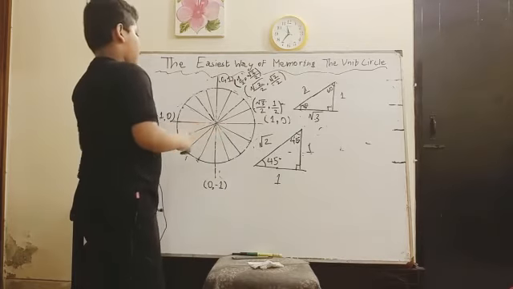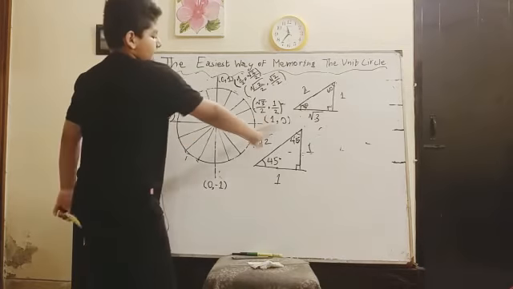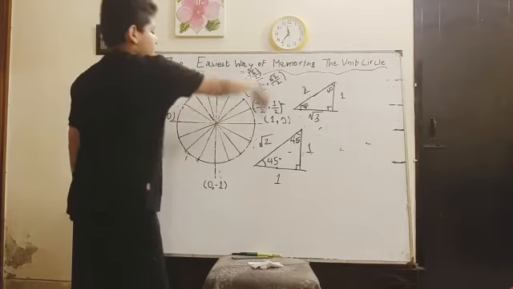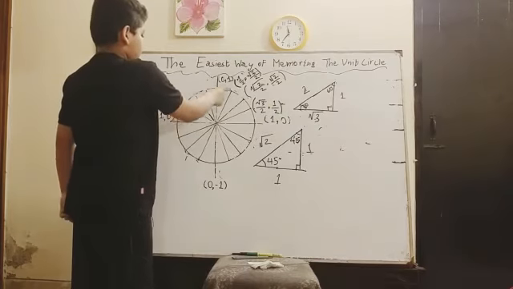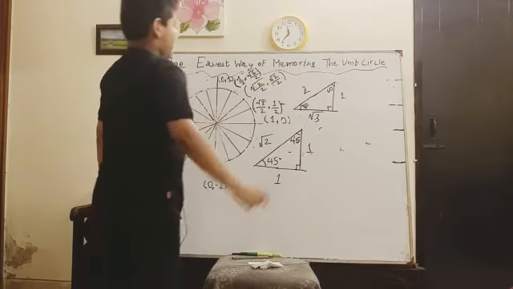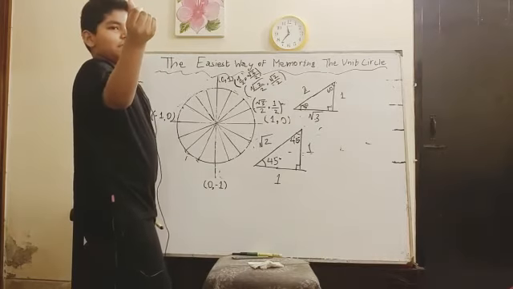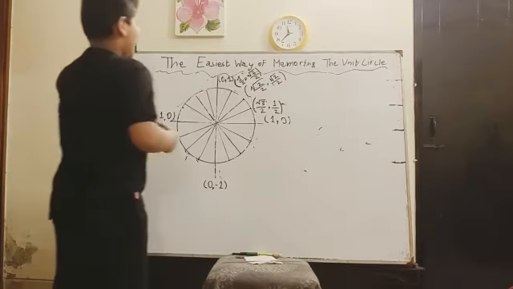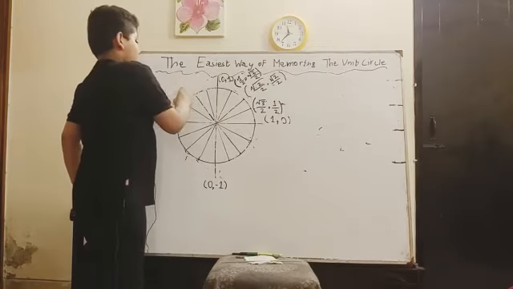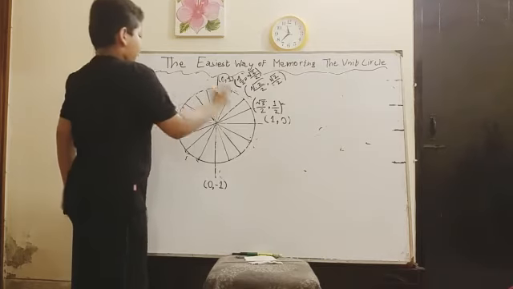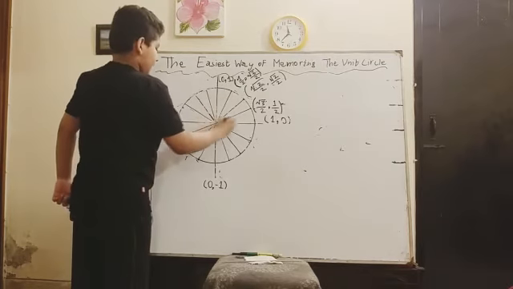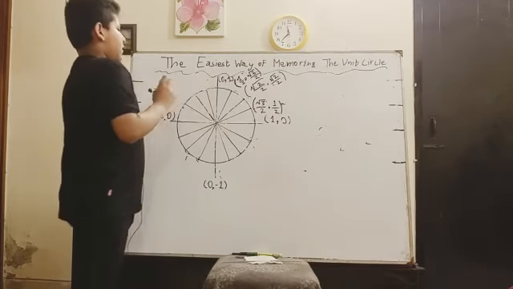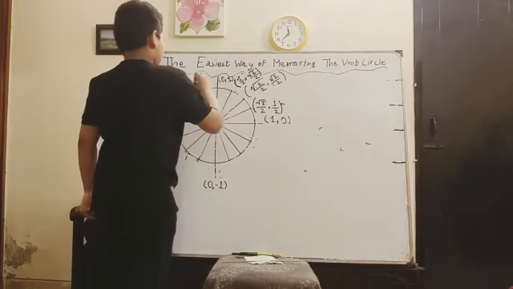And yes, for the sake of this, I will have to erase these triangles. So let's remove these triangles so that I can get space and do my thing. Now, the second coordinate, here we will see the x or the sine will be negative and the cosine would still be positive.